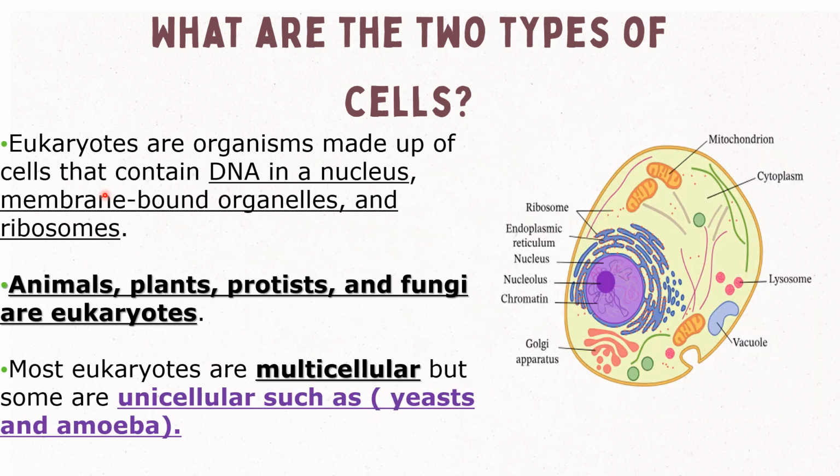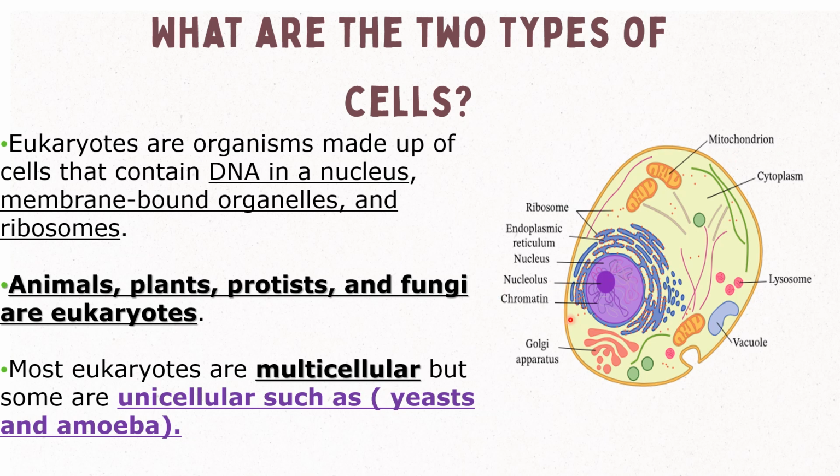The second type is called eukaryote. Eukaryotes are organisms made up of cells that contain DNA in the nucleus. Prokaryotes contain DNA in the cytoplasm, but eukaryotes have DNA in the nucleus. Eukaryotes consist of three things: DNA in the nucleus, membrane-bound organelles, and ribosomes.